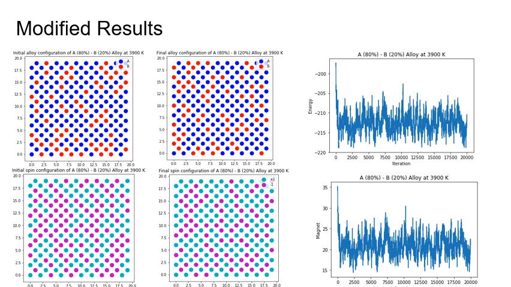As the temperature is too high, they will tend to be disordered rather than segregate. Besides, the spin tends to be disordered, which means that there is a transition temperature of spin changing. From the right two figures, we can guess that it's hard to achieve convergence at high temperature.